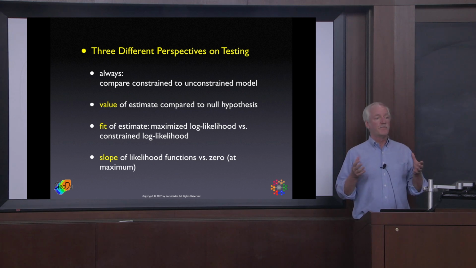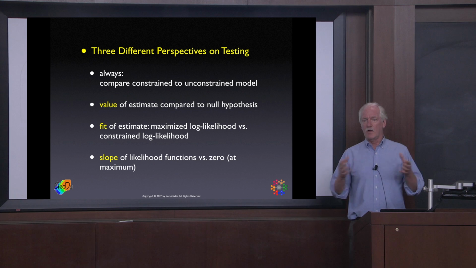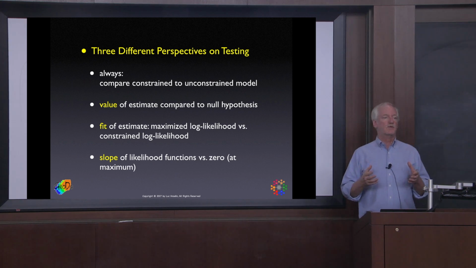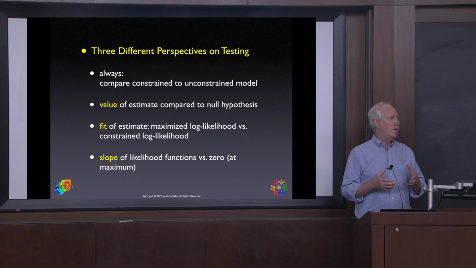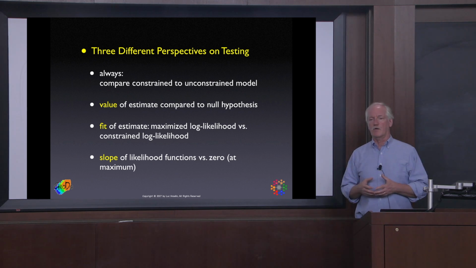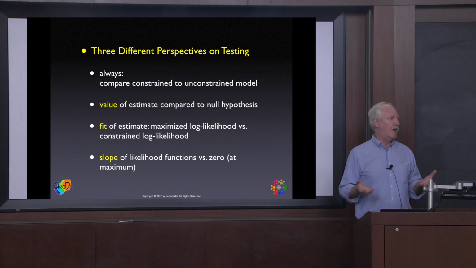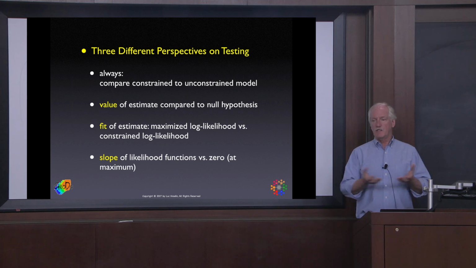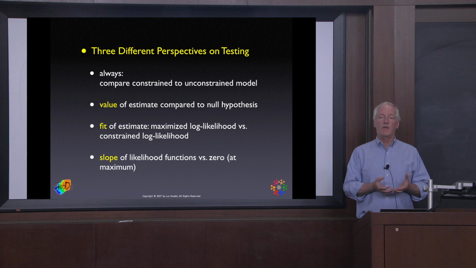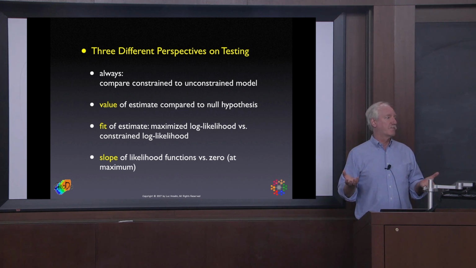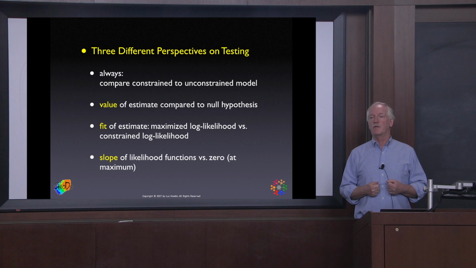Let's say you have a model and you set the coefficient to 0. And you can't tell the difference between the model with the coefficient set to 0 and the model with the coefficient not set to 0. That means that they're basically the same, right? And if they're basically the same, that means the constraint is a valid constraint. So how can you tell whether they're basically the same, or rather, how can you tell that they're not basically the same? There's three ways of thinking about this.